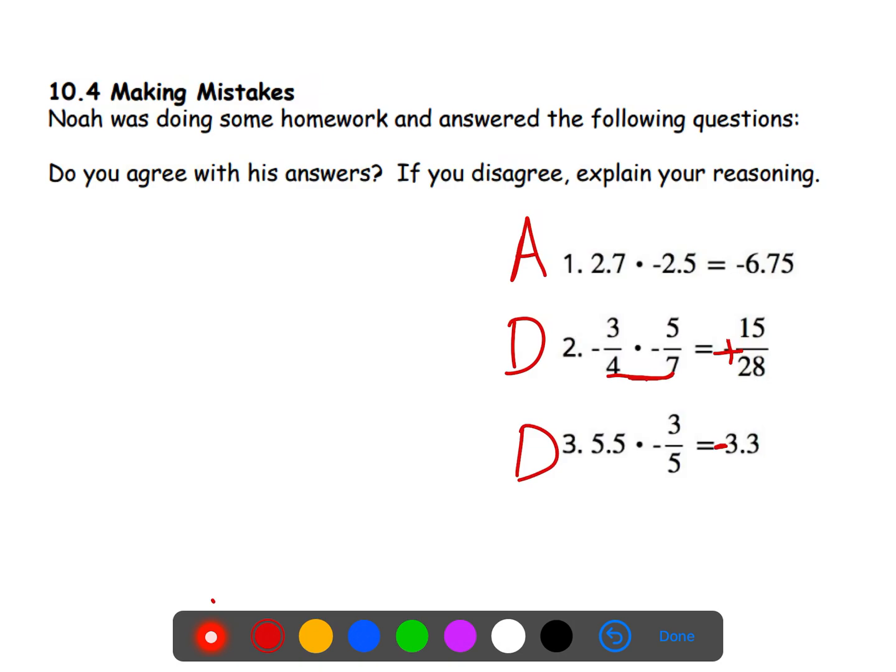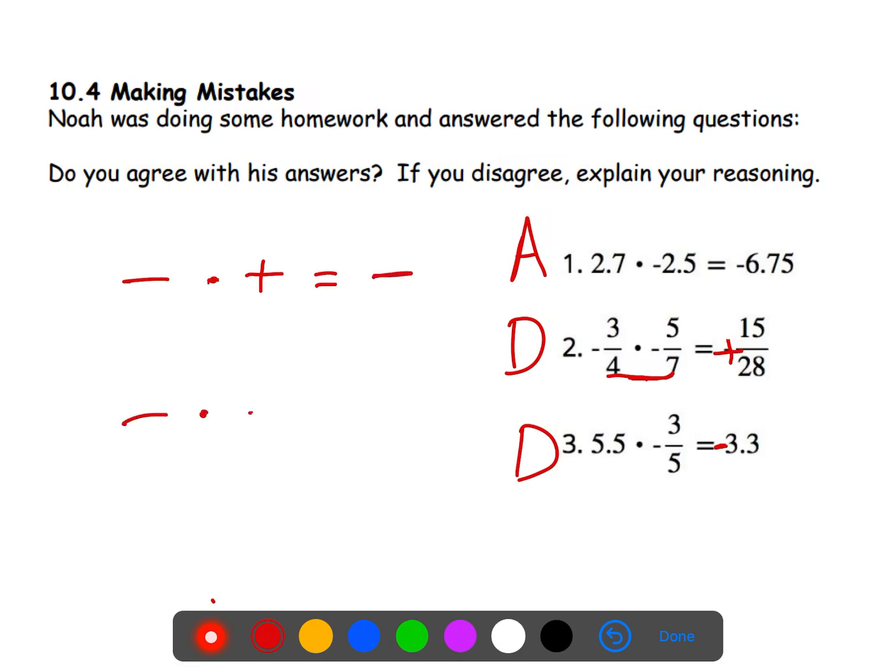All right, well, now you should be familiar with what happens when we multiply just one negative factor to a positive factor, and what happens when we multiply 2 negative factors. So when we multiply just one negative factor times a positive, we get a negative product.